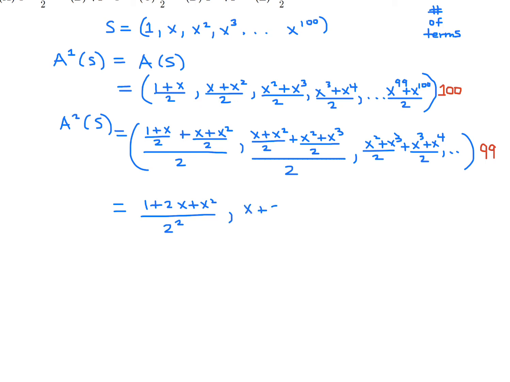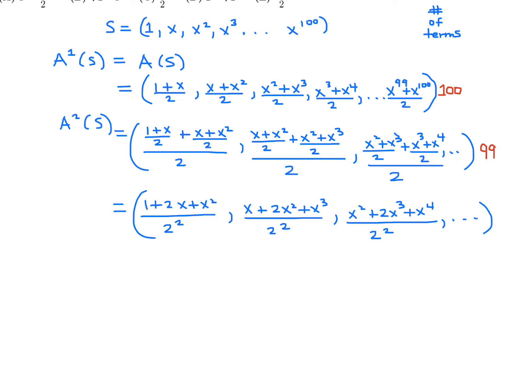And then this is x plus 2x squared plus x to the power 3, all over 2 squared. And this is x squared plus 2x to the power 3 plus x to the power 4. Oh, forgot the 2 there. So that's all over 2 squared. And this kind of keeps on going, dot, dot, dot. All right, now I'm ready for A3.